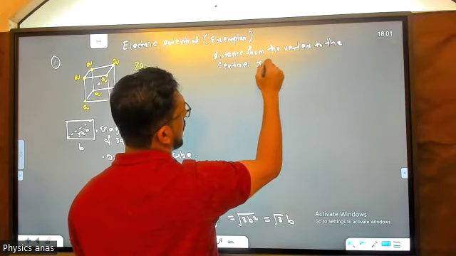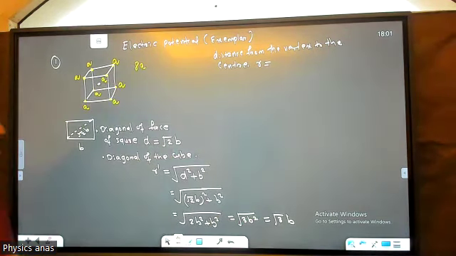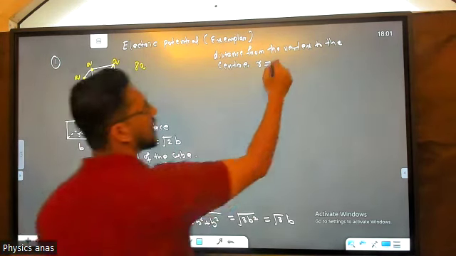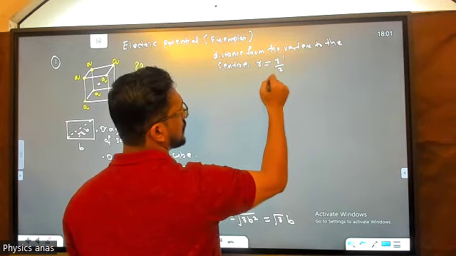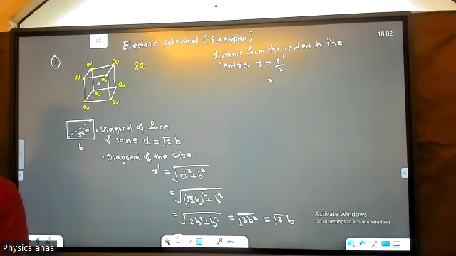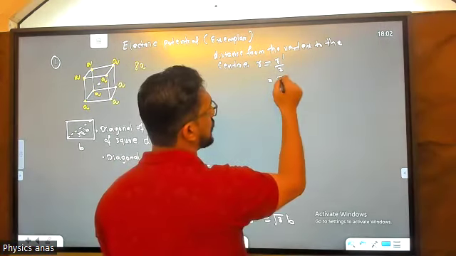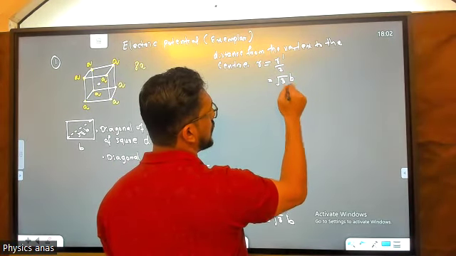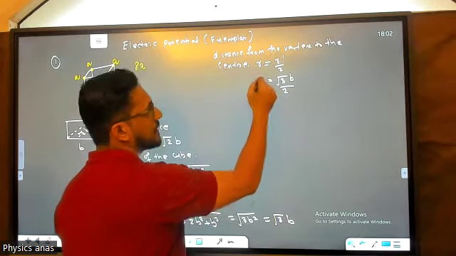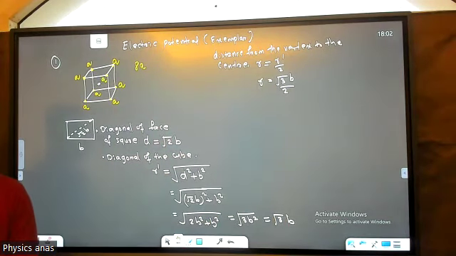You can call it R. That's why I called the diagonal R dash. R will be half of R dash. What is R dash? Root 3b. So R will be root 3b by 2. That's R.